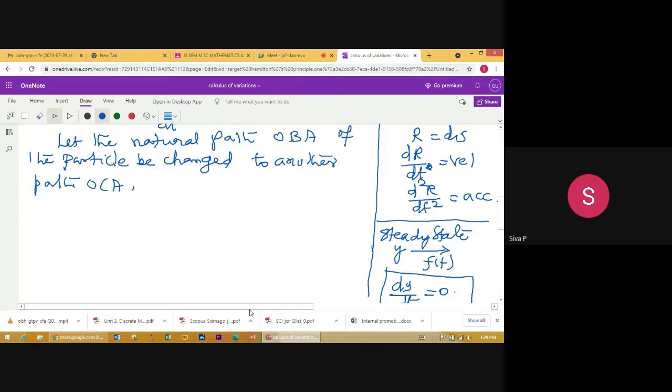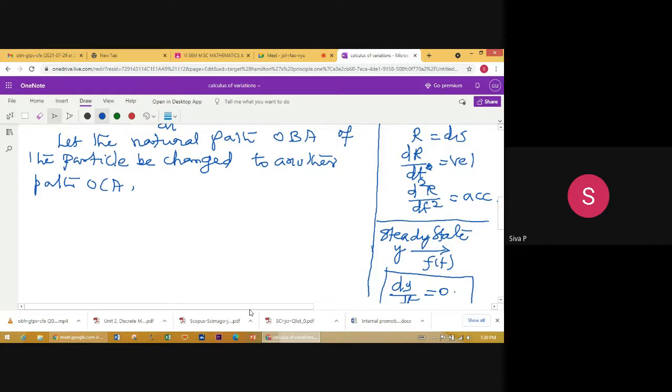Based on this, Hamilton's principle is the second law of motion, F equal to ma.